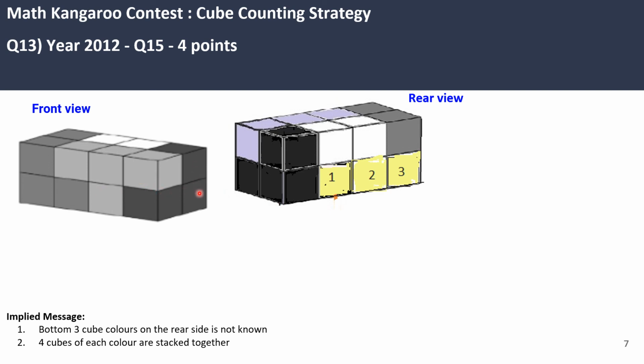So the dark gray, which we see 3 here, the first cube, I would put this as dark gray. That's when it would be stacked together. If I placed it on number 2 or number 3 cube, it would be separated from its pack. So the dark gray cube should be placed at number 1.